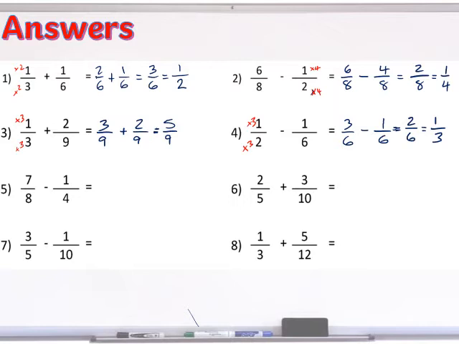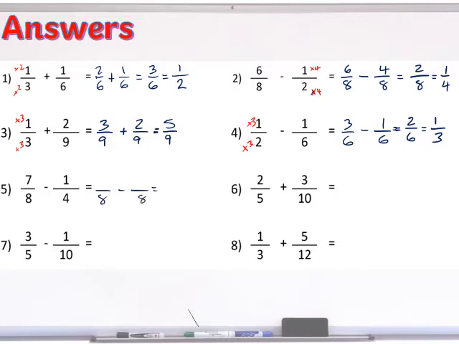Question 5. We've got 7/8 subtract a quarter, so I'm doing subtractions again. I like to write out what I'm doing before I look at the numbers because it reminds me that I'm doing a subtraction or I'm doing an addition. 4 is a factor of 8, so we're going to stick with eighths on this occasion.